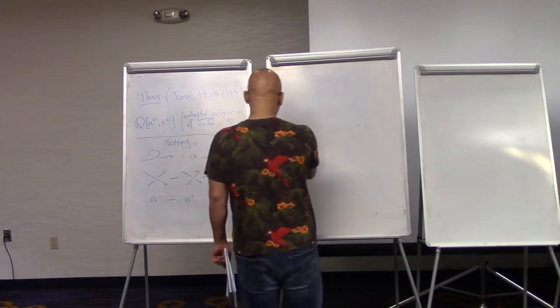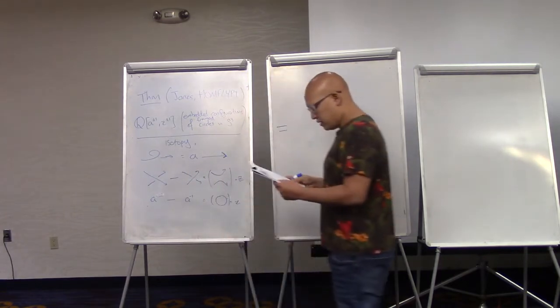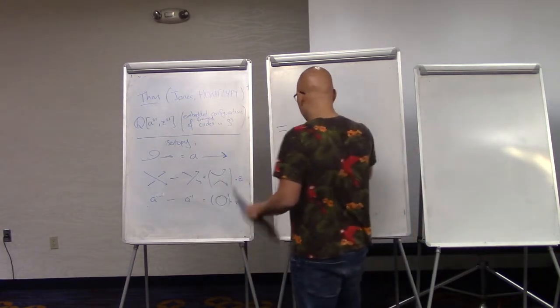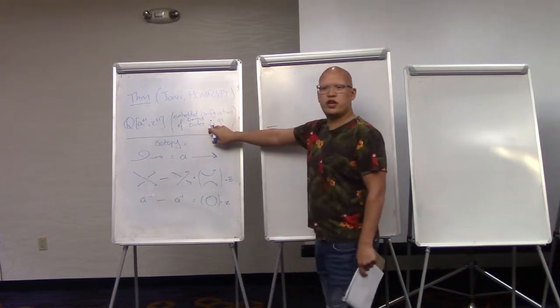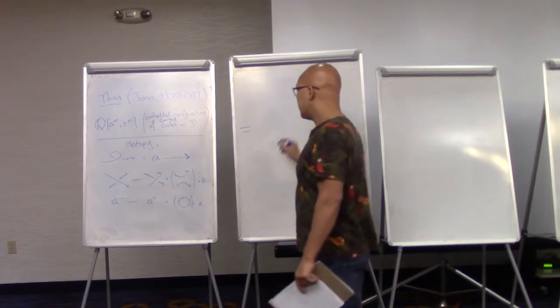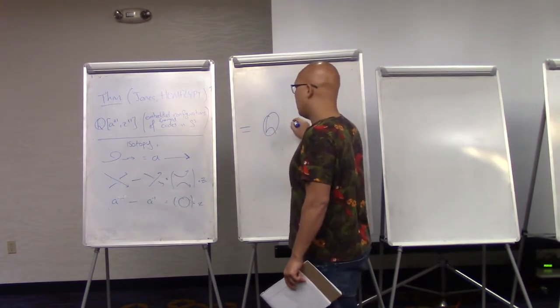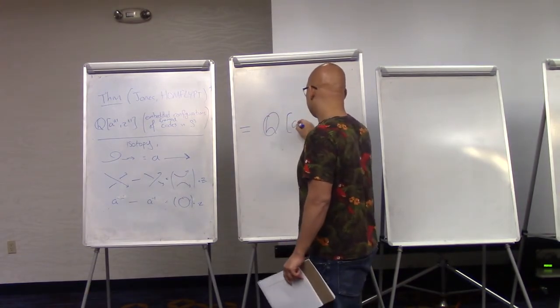And the theorem that these people proved and everyone was excited about back in the day is that this object, which has this huge amount of generators and these 3 relations, is in fact just the original invariant.